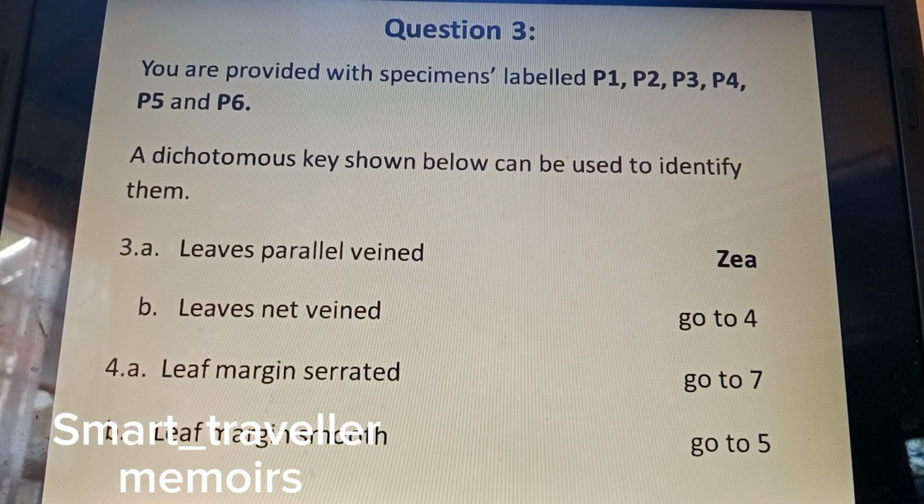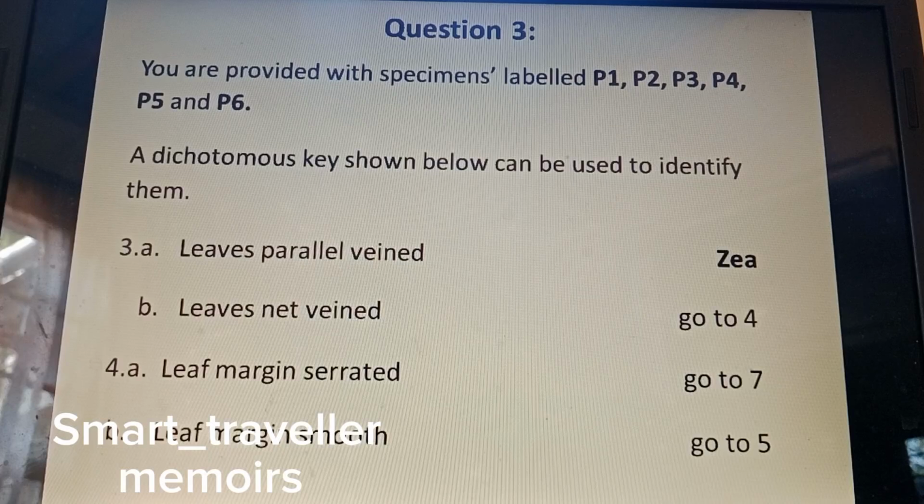Leaves parallel veined, Z. Leaves net veined, go to 4. Leaf margin serrated, go to 7. Leaf margin smooth, go to 5. Remember, dichotomous means comparing 2 comparisons. Di means 2.